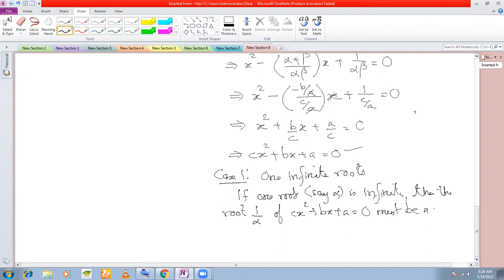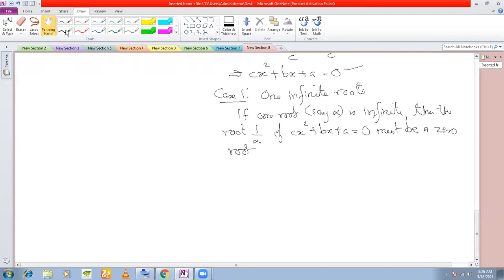Tell me if you cannot understand. No problem. If one root, say alpha, is infinite, then that means 1 by alpha has to be 0 because 1 by infinity is 0, isn't it? Yes, sir. So we will use this result. That is, if one root is alpha, then 1 by alpha must be equal to 0.